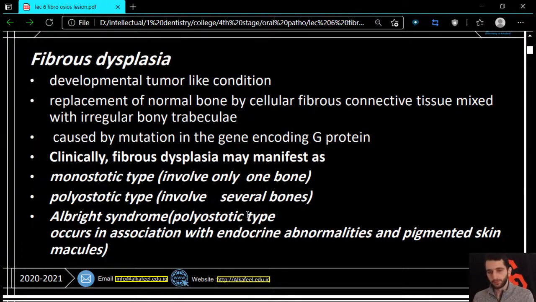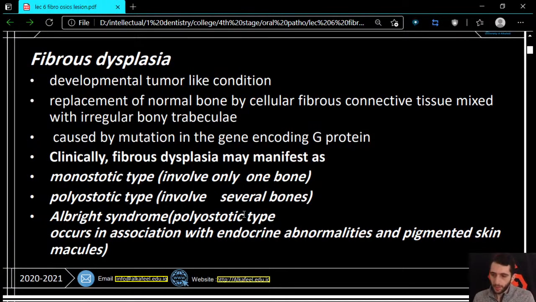Clinically, fibrous dysplasia may manifest as monostotic, polyostotic, and Albright syndrome, all being very important. For this subject, it will take about an hour to finish. Albright syndrome is a polyostotic type.